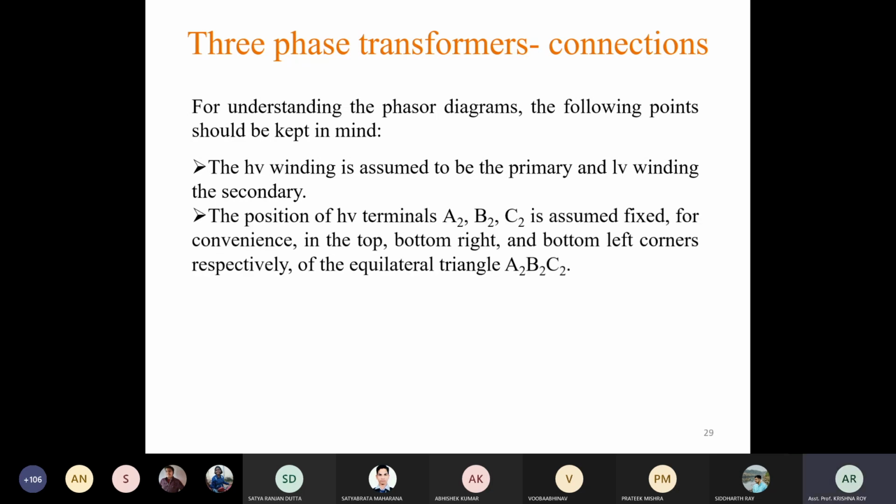The positions of the high voltage terminals A2, B2, C2 are assumed fixed for convenience, at the top, bottom right and bottom left corners respectively of the equilateral triangle A2, B2, C2. So the positions of the high voltage terminals A2, B2, C2 are always fixed.